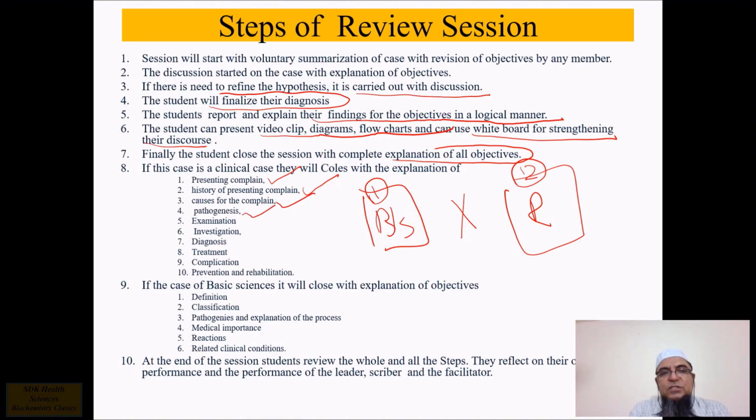They will discuss the pathogenesis, the examination, and the investigations. If this is an MI, what investigations would he need? For example, he might need an ECG, and lab diagnosis or enzymatic assays, enzymatic analysis.